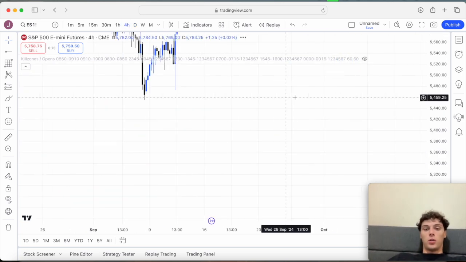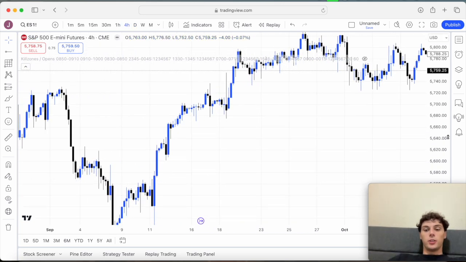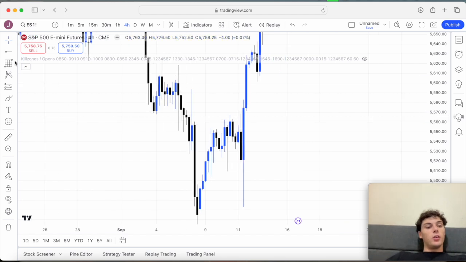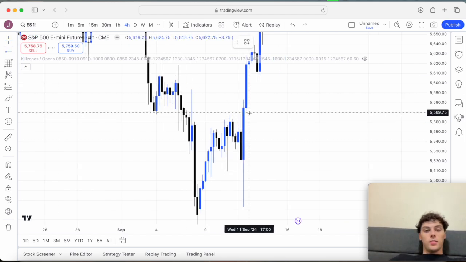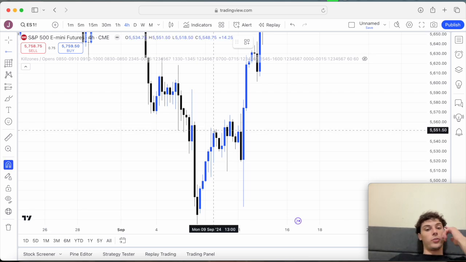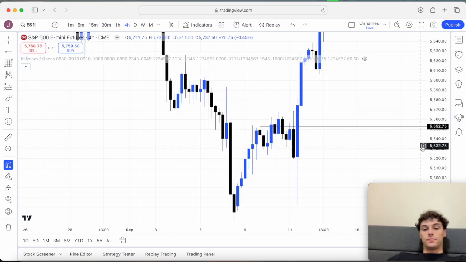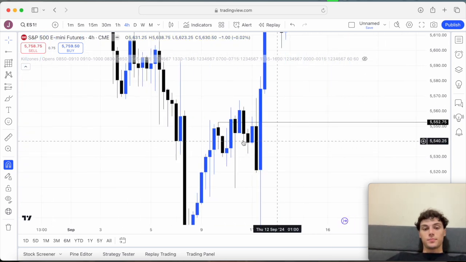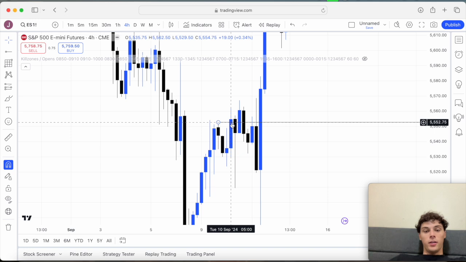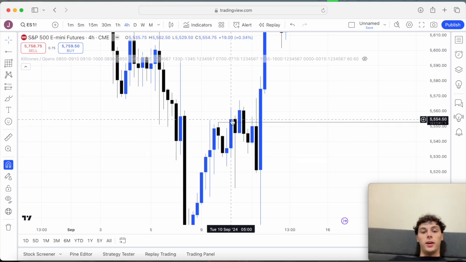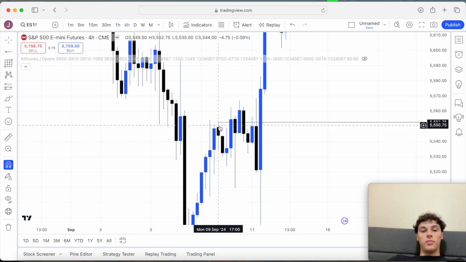I'm going to go to the 4-hour, and I'll show you guys some break of structures. For a break of structure, they're a little bit more interesting. So this is a high, obviously. And right here, you can see this green candle. Well, it's blue, but it's technically green. And it went up and it opened above this high, right?